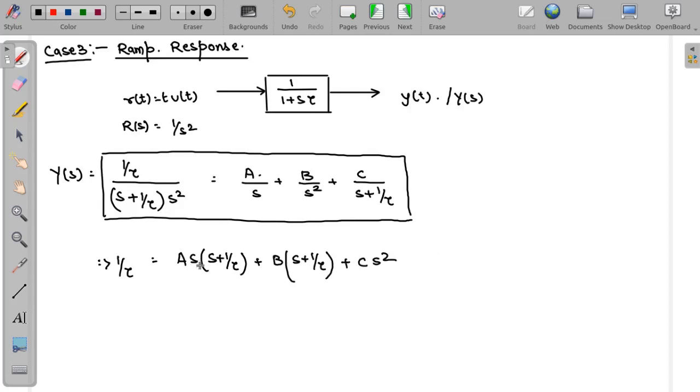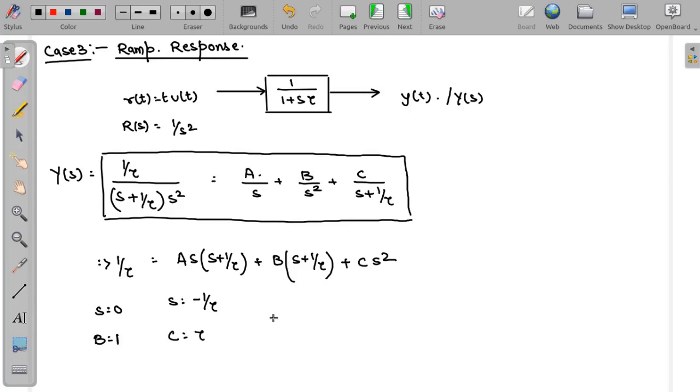So this will be 0, this will be 0, the only term remaining will be this. So B into 1 by tau is equal to 1 by tau, so B comes out to be 1. Now put s equal to minus 1 by tau. This will be 0, this will be 0, this will be C into 1 by tau square. So this 1 by tau will be cancelled from here. So C is equal to tau.